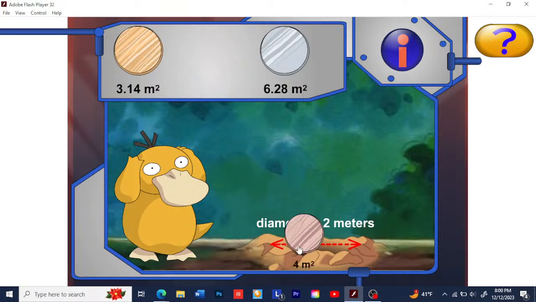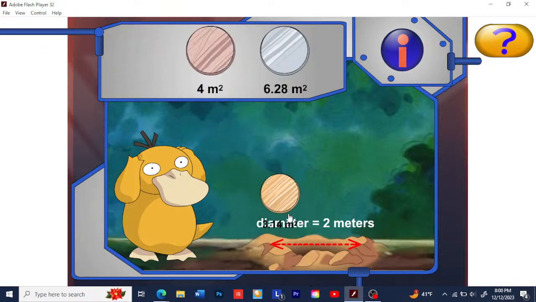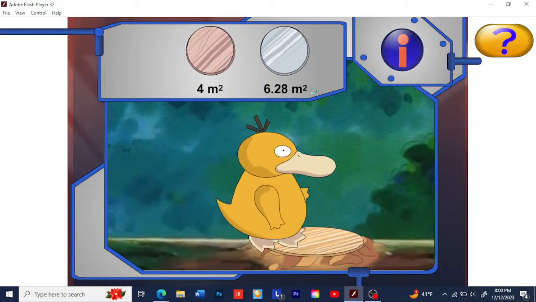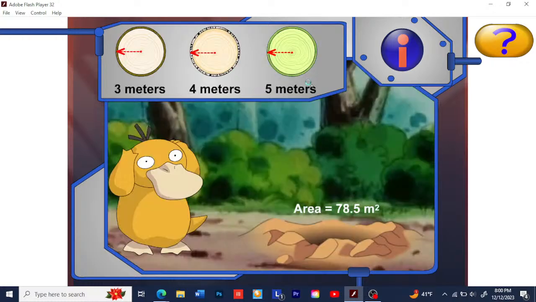Try again. Awesome. Help, Psyduck! Fill these holes with more circles.